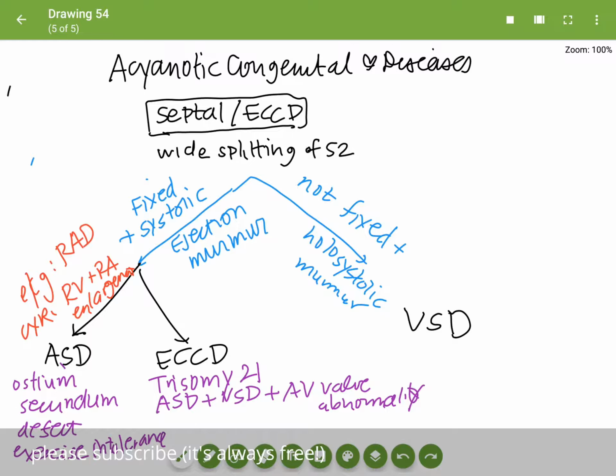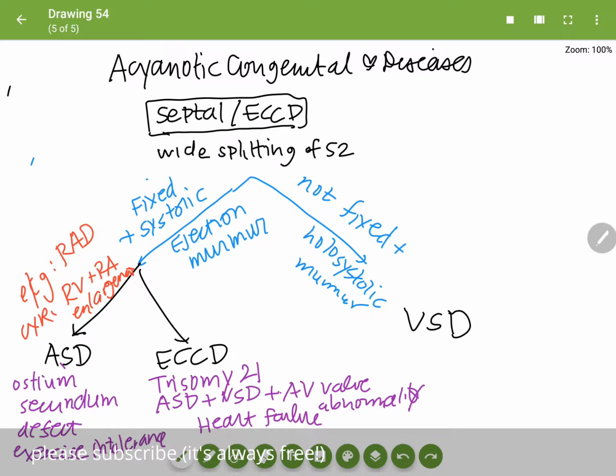The symptoms of ECCD present much earlier than ASD, and it's basically going to be very severe, like heart failure, failure to thrive, and infections.